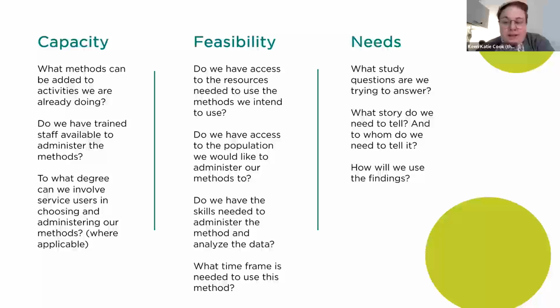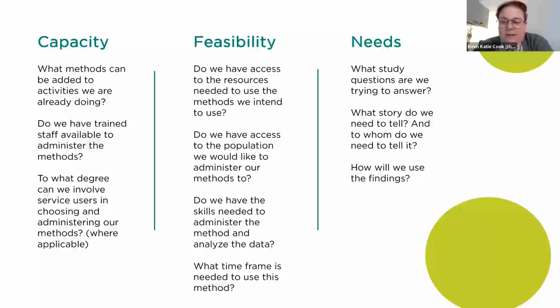For example, administering an online survey might just be a matter of sending out a link, though of course we also have to think about our capacity for analyzing the data we get. However, one-on-one interviews with key stakeholders or service users might require a staff member with skill, knowledge, and training in interviewing. Rather than just sending out a link, we'd have to make sure we have the capacity within the organization to administer qualitative one-on-one interviews.